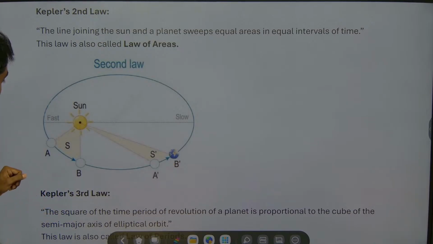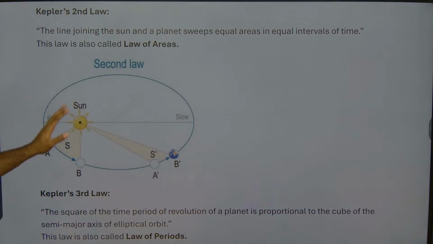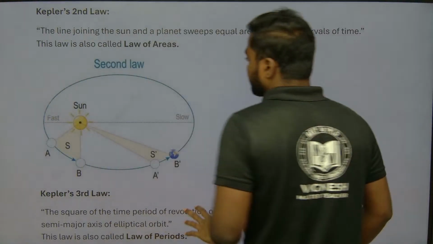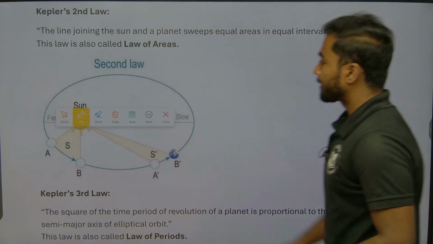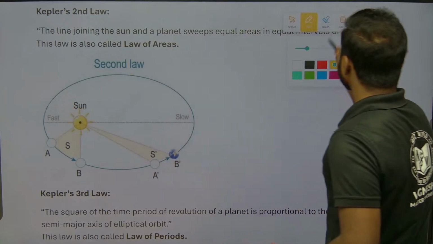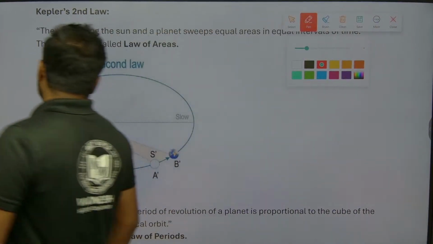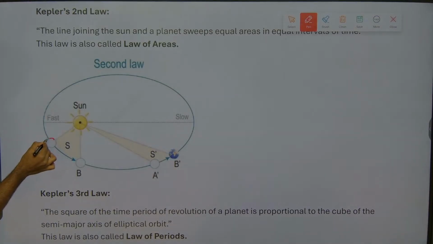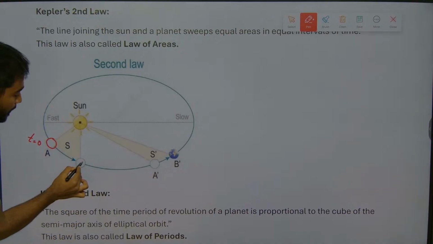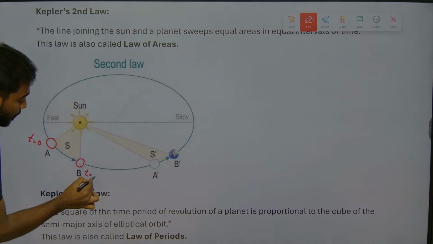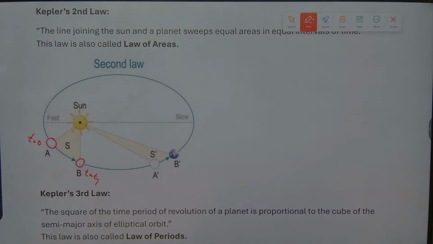Let me take point A and point B. At point A the planet was at the initial position, that is at time t = 0, and at point B the planet was at time t = t1. So it has covered some distance, right?